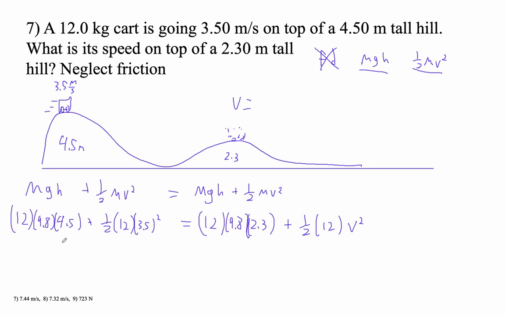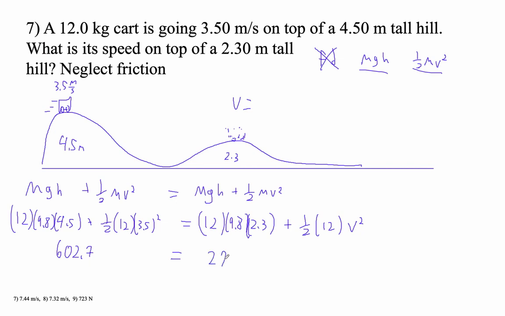Not quite. Okay, so I'm going to do this entire left side. So 12 times 9.8 times 4.5 plus 0.5 times 12 times 3.5 squared. This entire left side is 602.7. And then this term here is 12 times 9.8 times 2.3.